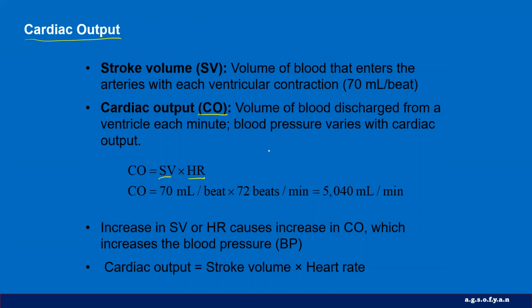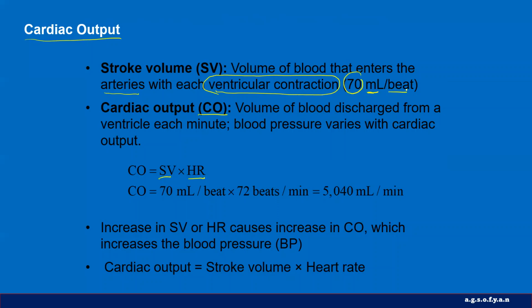What is the stroke volume? The stroke volume is the volume of blood that enters the arteries, which are the aorta and pulmonary trunk, with each ventricular contraction. For normal persons, it is usually around 70 milliliters per beat.